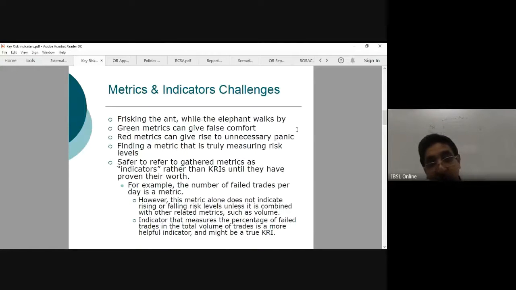Sometimes, though you get a good indicator, that might give you a false comfort. Sometimes the red matrix can give rise to unnecessary panic. Another challenge is finding a metric that is truly measuring risk levels.